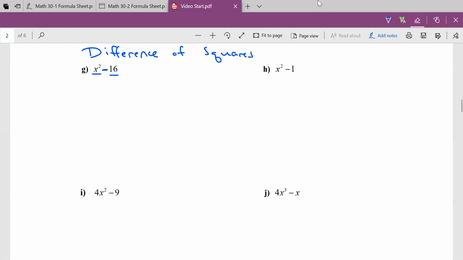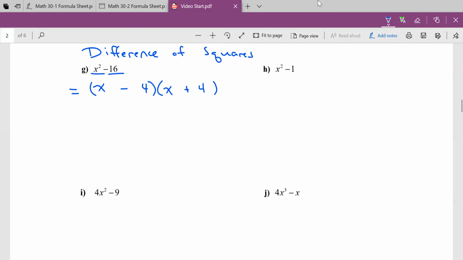Well, we're going to immediately make 2 binomials, and we're going to say this: the square root of x squared, x. The square root of 16, 4. And because it has to give us a negative 16 when we multiply this back out, that means one of the 4's is negative and one of them is positive. And the order doesn't matter.